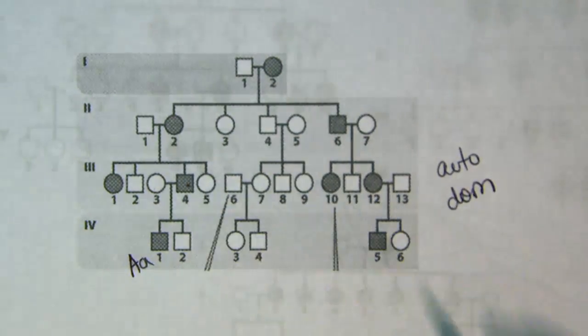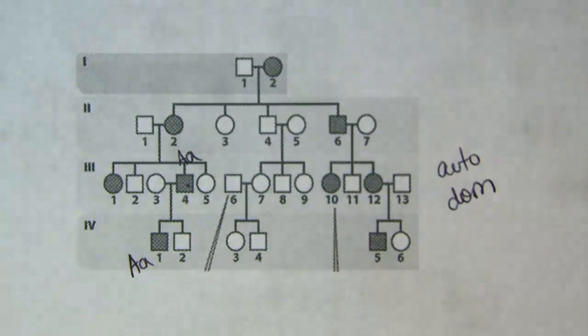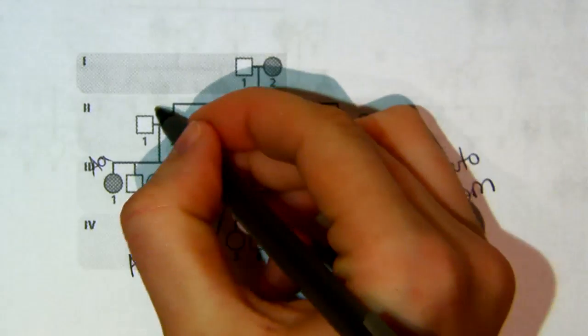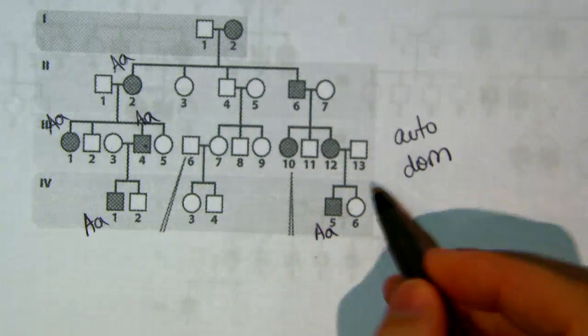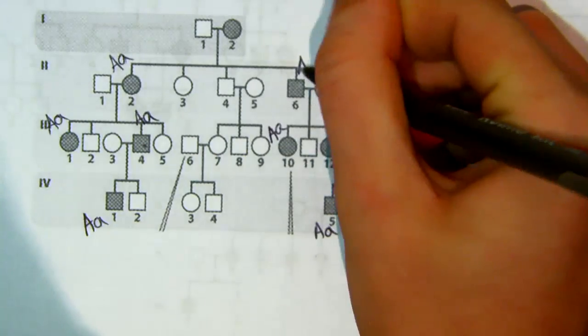Same thing for this individual. They got the dominant trait from their mom, the recessive from their dad. Same for this individual. Exact same thing for this person. And then if you go to the other side, it's the same. One from mom, one from dad, one from dad, one from mom.